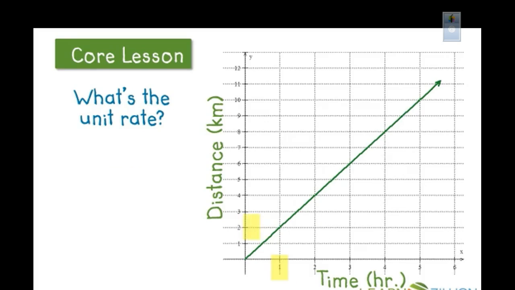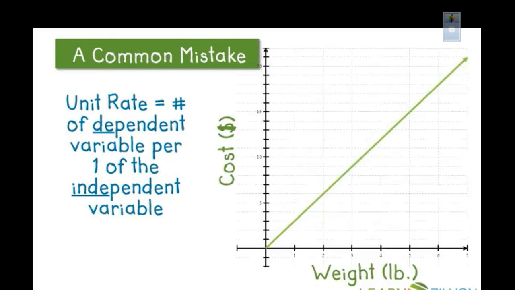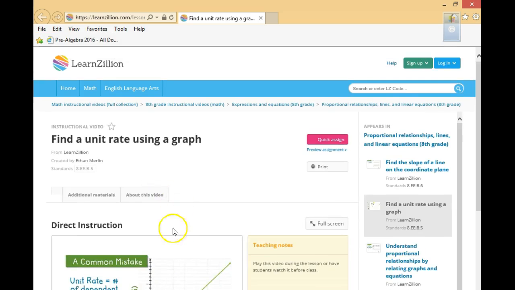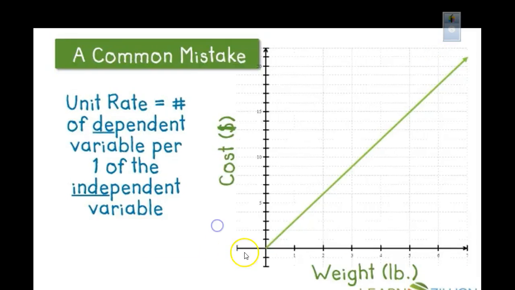So, when you are looking at that, I would like you to take a look at what they have for this definition right here. So for example, if you're looking at this graph, so, unit rate, please write this down. The number of the dependent variable per 1 of the independent. So this is right on the bottom of page 6.